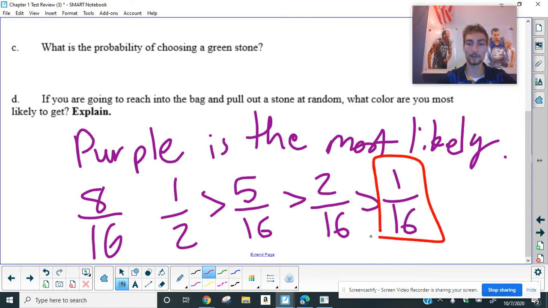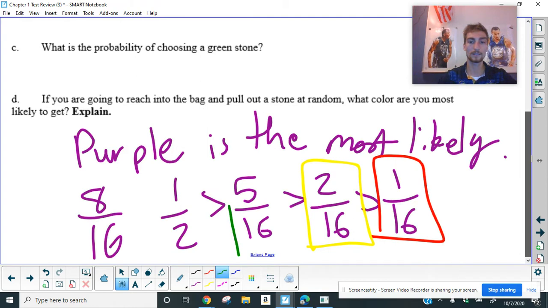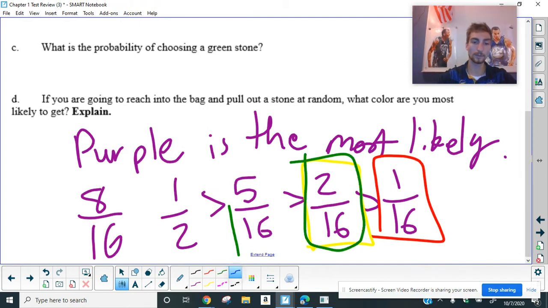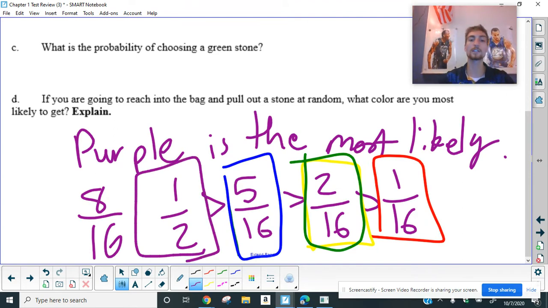Right? So compared to our red, yellow, and green, I believe that is. No, it's blue. Purple is the biggest fraction. So you could do something like that where you show it saying that this fraction is greater than the others.